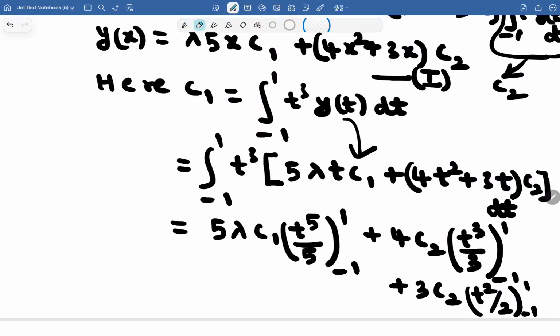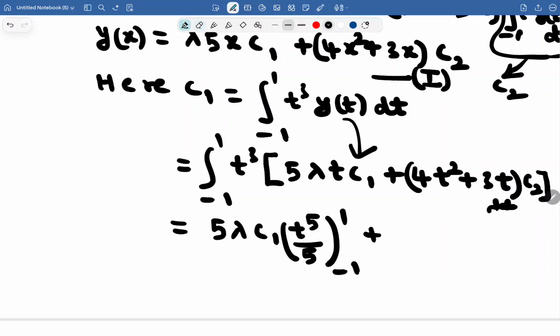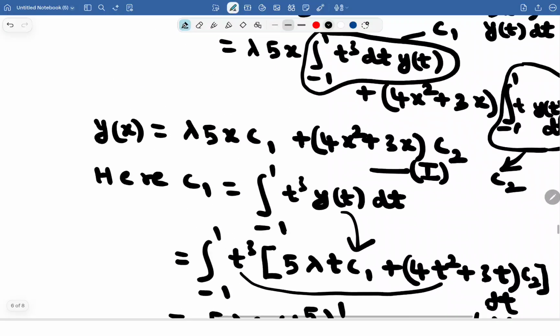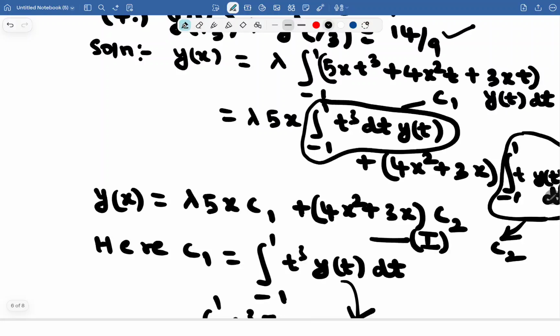One error. T cube into t square is t power 5. If we integrate t power 5, it becomes t power 6 by 6, limit minus 1 to 1. Here also one error. Because of lambda outside the integral, here I will get lambda.